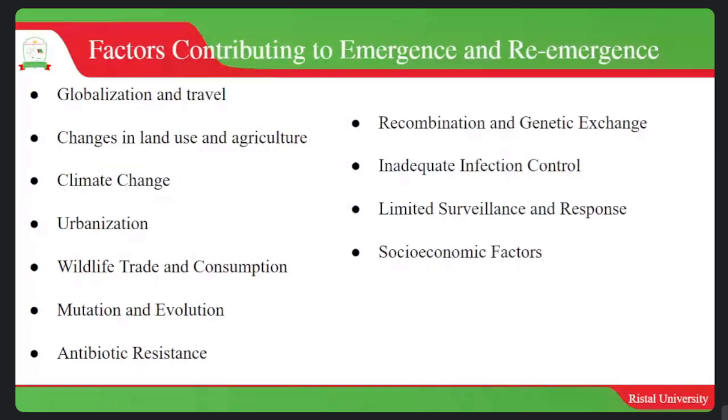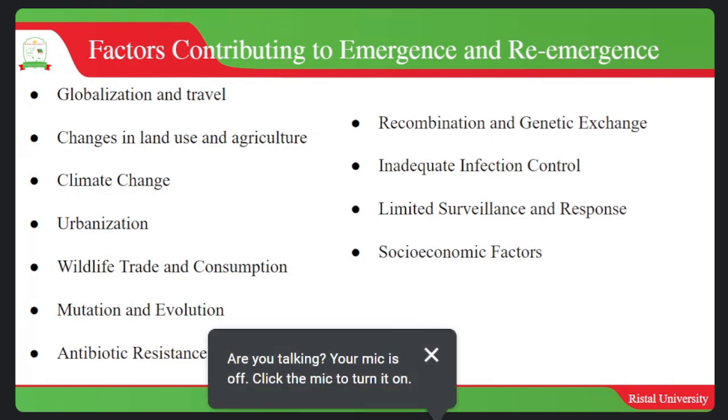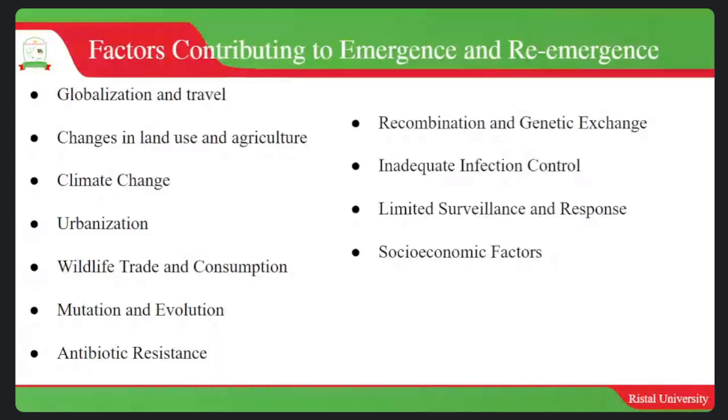For example, if control measures are not taken against TB in the TB centers, where people visit the centers and are not putting on their masks, they're not washing their hands, the spread will increase, or TB will be able to emerge in different populations.